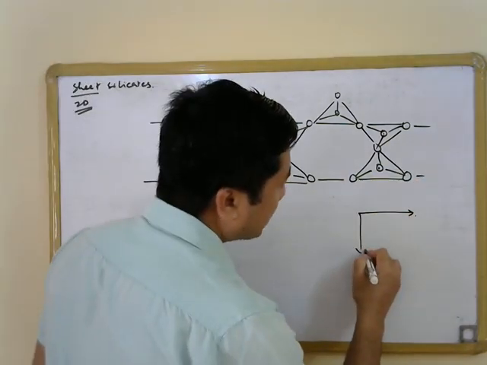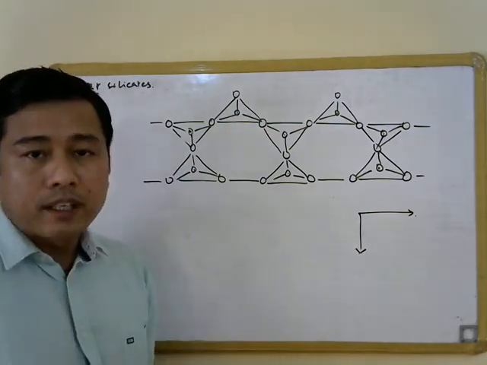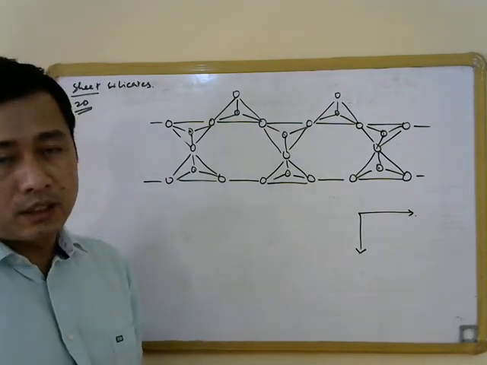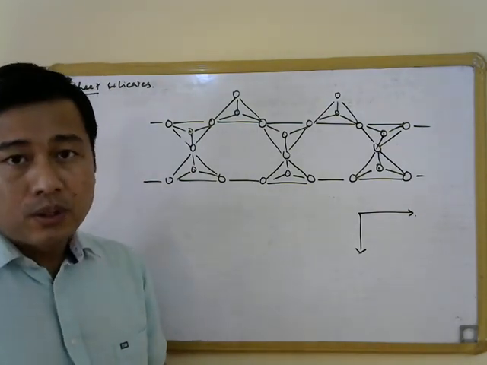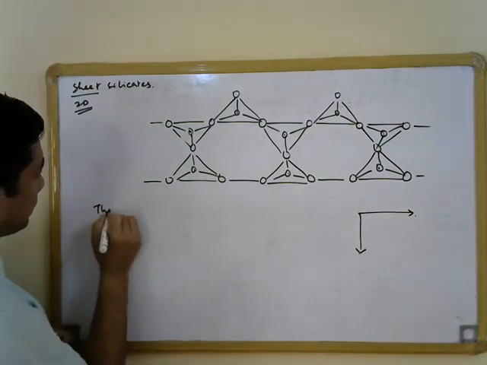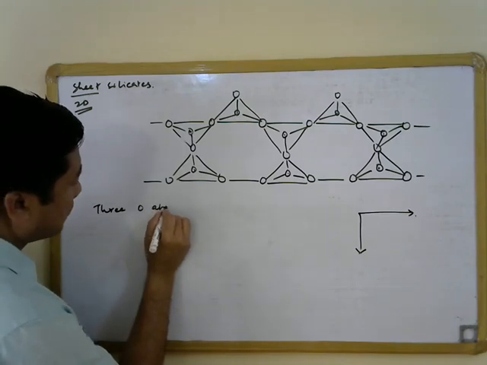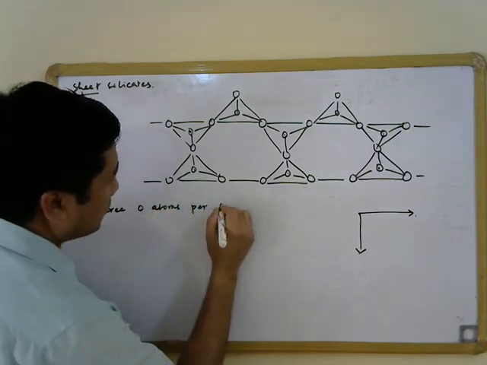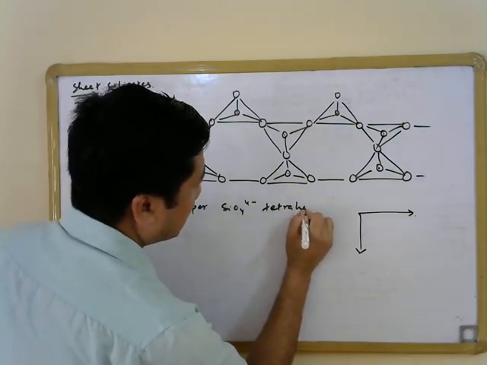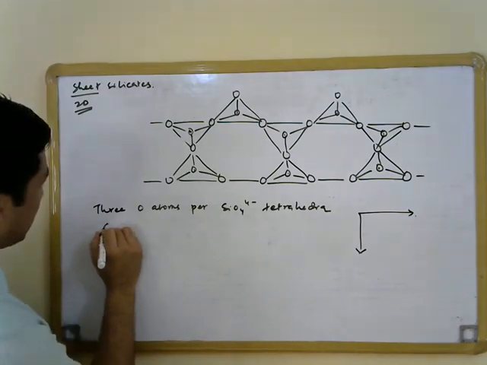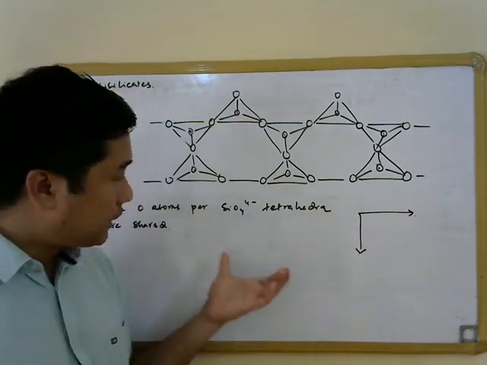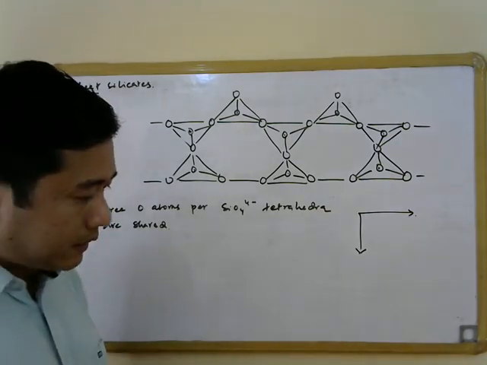But if we have polymerization happening in two directions, then we have formation of a two-dimensional structure, and then sheet silicates are formed. For formation of sheet silicates, what is important is that three oxygen atoms per SiO4 tetrahedron are shared, and when it happens, then we have formation of sheet silicates.